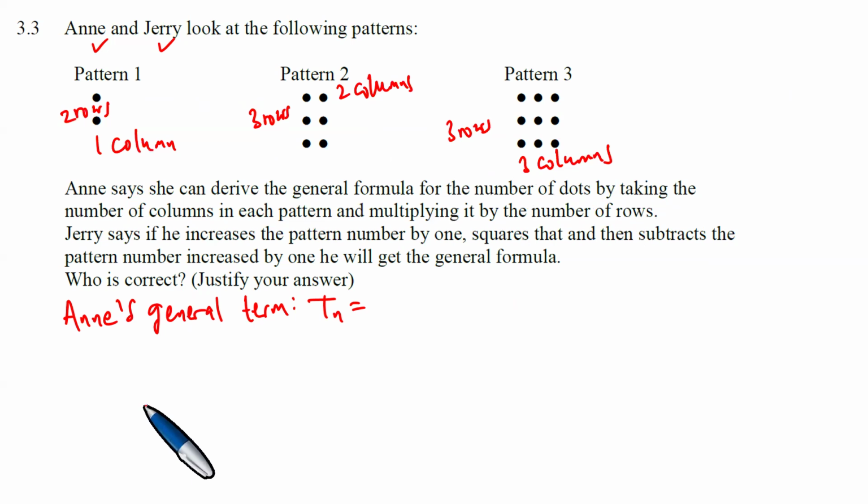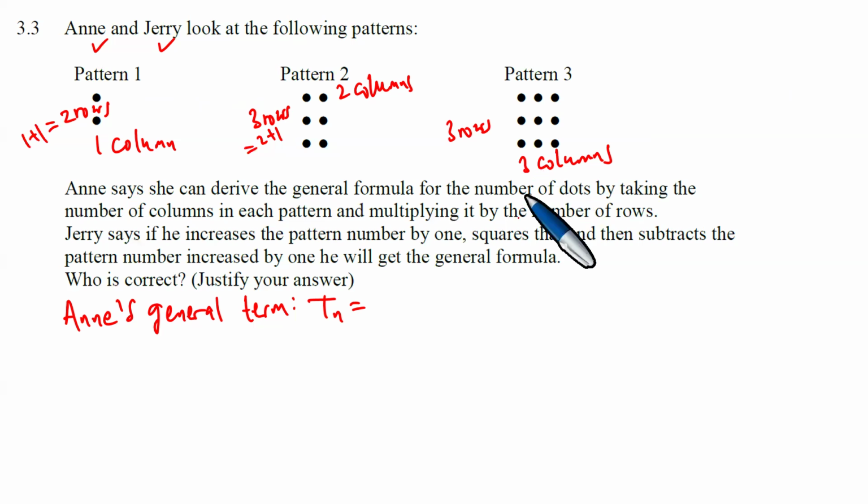So Anne's general term is this. If the columns are 1, then the rows are 1 plus 1. If the columns are 2, then the rows are 2 plus 1.